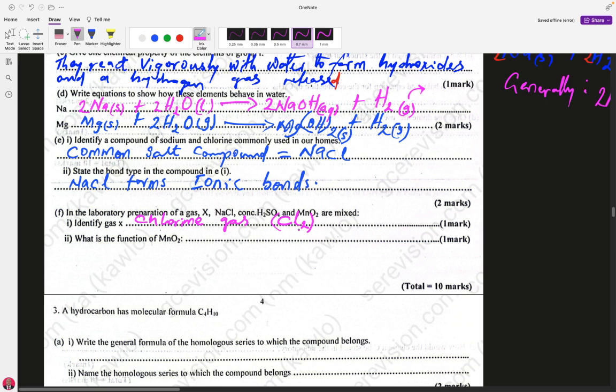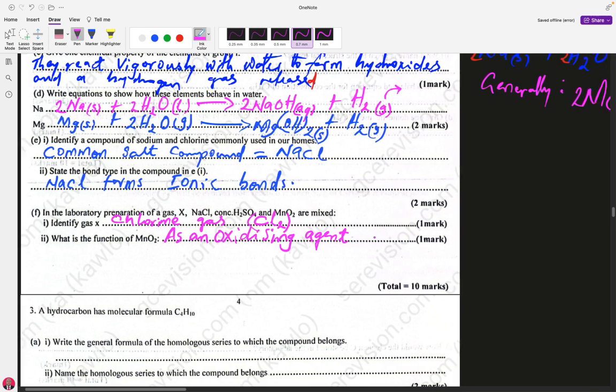So in this case, manganese(IV) oxide is used as an oxidizing agent.